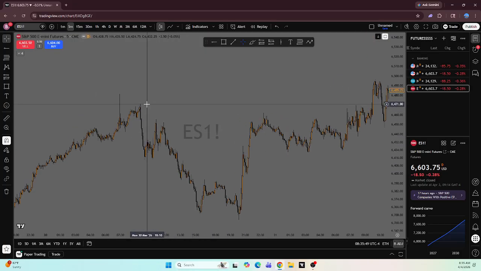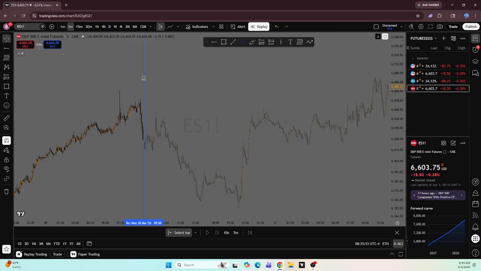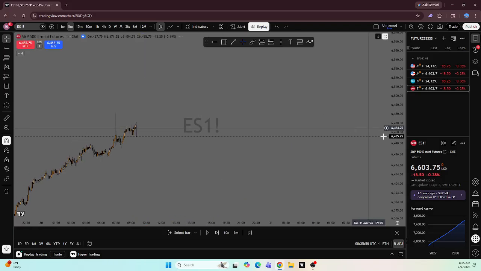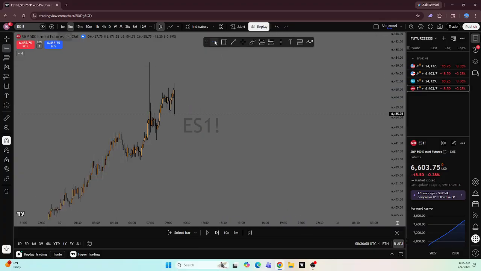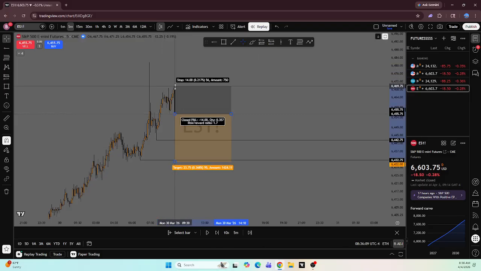I think it was right here. So it's gonna be hard to explain, but we'll just go over it. So this is a trade I took. Break even on liquidity. Took my entry right here.